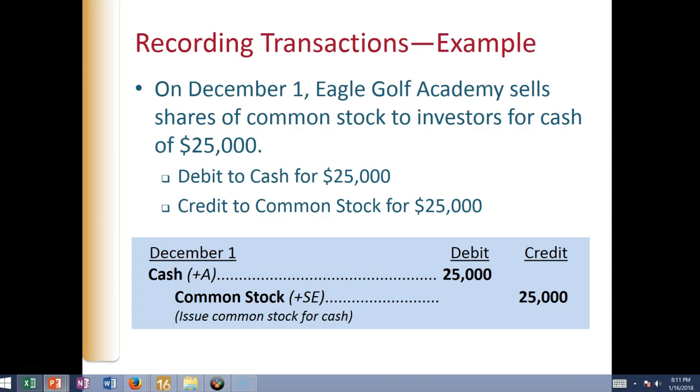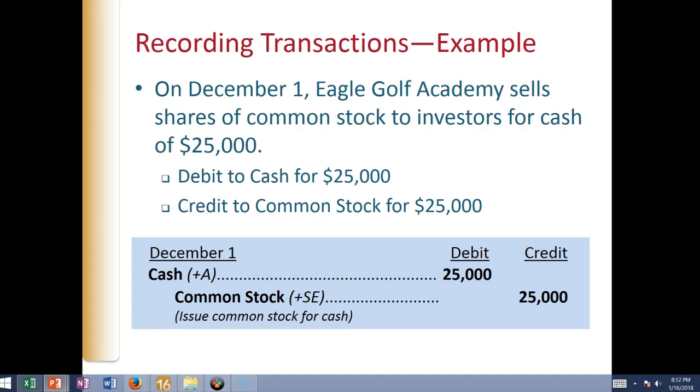Every transaction has at least 2 accounts that are affected. So when Eagle sells shares of stock, what are they trying to do? They're getting owners. So they're creating owners for the company. An owner in the company is part of stockholders' equity, right?